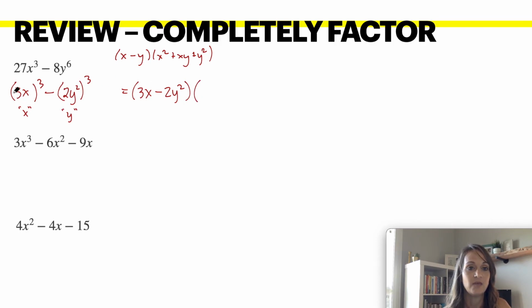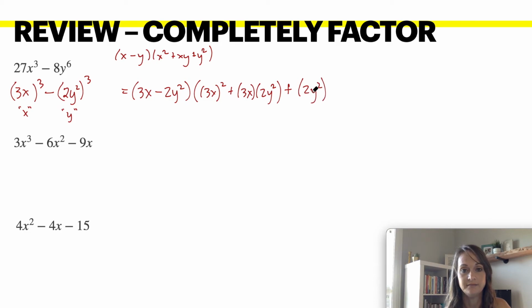And then it will be 3x squared, so I'm going to actually put the 3x and then square it, plus 3x times 2y squared, that represents my x times y, and then my y, which this represents my y, squared.